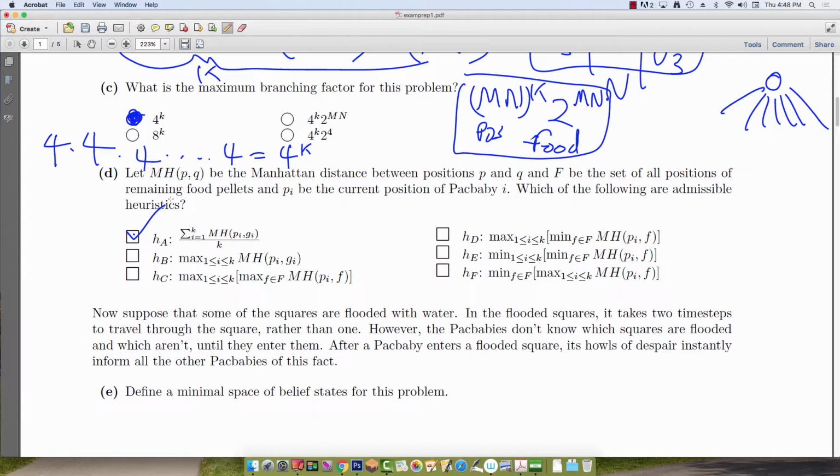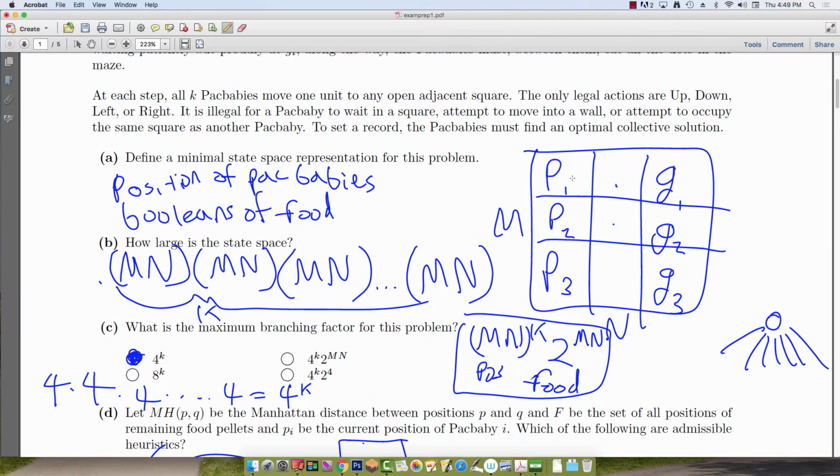And the reason for that is because you can think of this top term as if we have a grid right here. Actually, let's just refer to this previous grid. If we have this grid right here, we're going to sum the distance for each Pac-Man to its goal. And that's going to represent the total amount of distance that each Pac-Man has to travel to their goal.